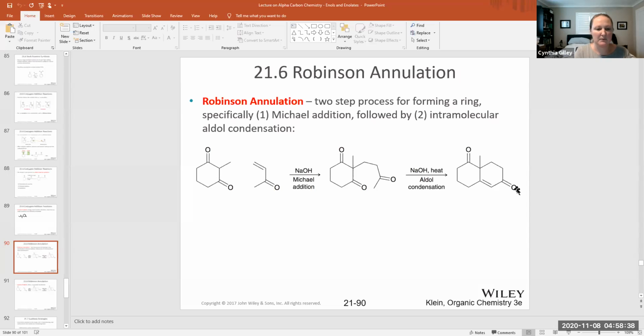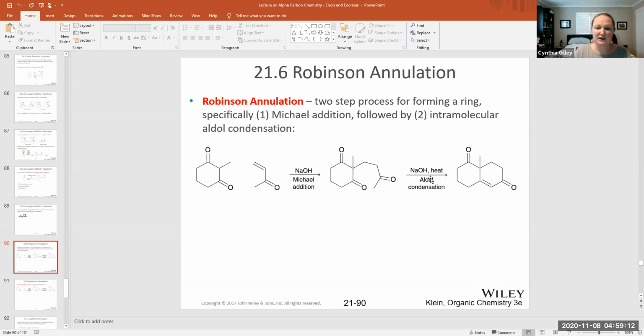The mechanism will really involve reactions that we've already talked about, like the Michael addition and the aldol condensation. So it's going to challenge you to think about drawing the mechanism. Recall that it's under basic conditions, so we do need to draw a mechanism consistent with basic conditions. Make sure to do the full Michael addition followed by the aldol condensation.